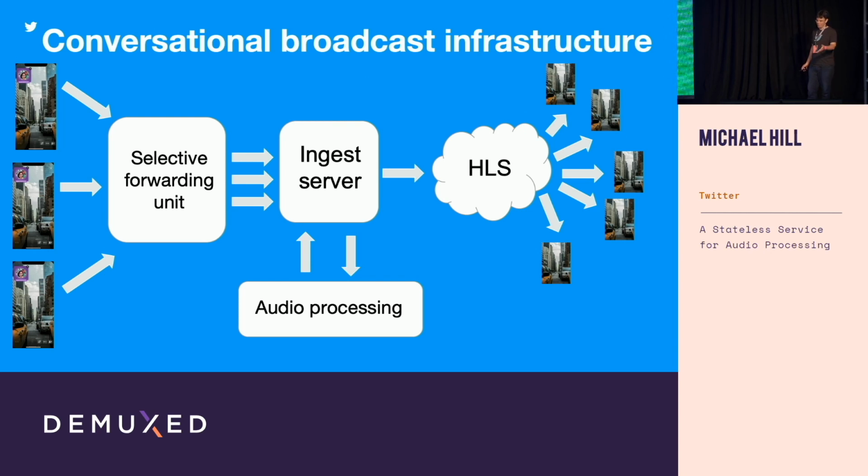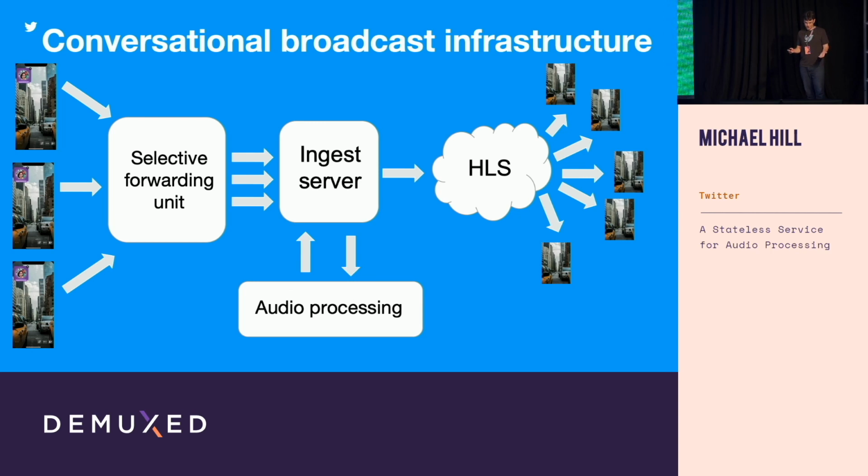Now that is forwarding everybody's streams to our ingest server, same ingest server, but now it's RTP over TCP coming in there. And we have a mysterious new component of audio processing, which is the main body of what we're talking about here. And once we do that mysterious audio processing, we go back in there, we build our playlists and our segments, and everybody can watch the video, and they're very happy about it.